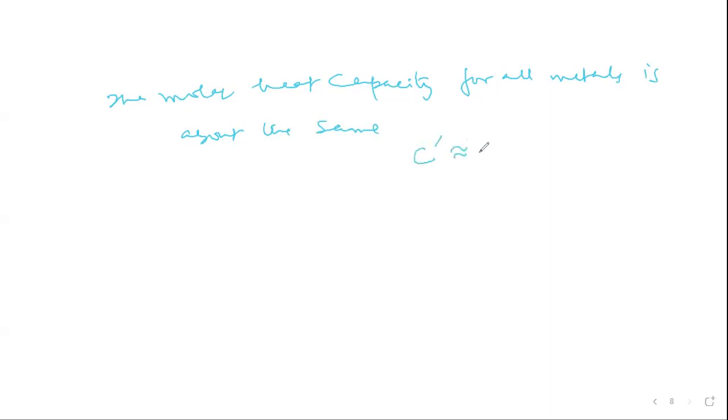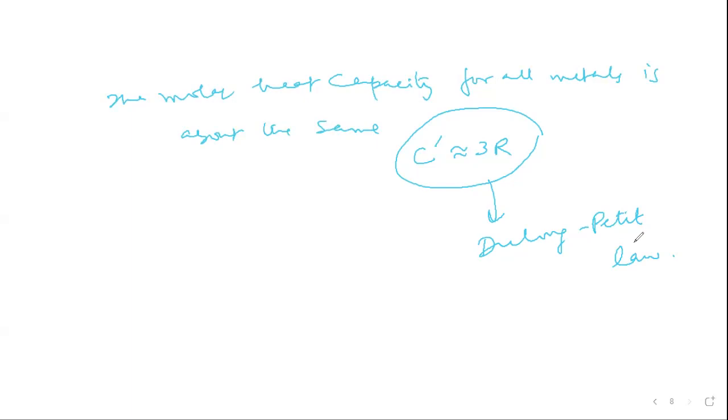Molar heat capacity for all metals is approximately 3 times universal gas constant R. This result, molar heat capacity of metals is approximately 3 times R, is called Dulong-Pettit law, right? This was a little introduction to the specific heat capacity, and other kinds of quantities which we use.